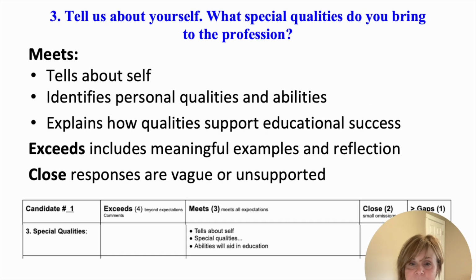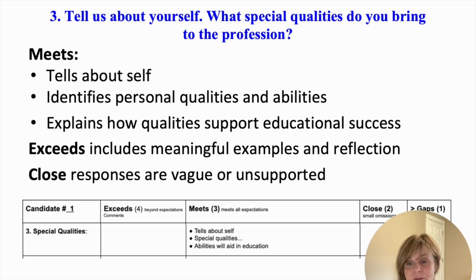The next one is on special qualities. This is where we get to know a little bit more about them. They're telling us who they are, what specific qualities they bring to their profession, or what background information. And then if they can link their personality or their experiences with what we're doing. And this is where they can really get it into the exceeds. When they get those meaningful examples, they maybe give some reflection on it.